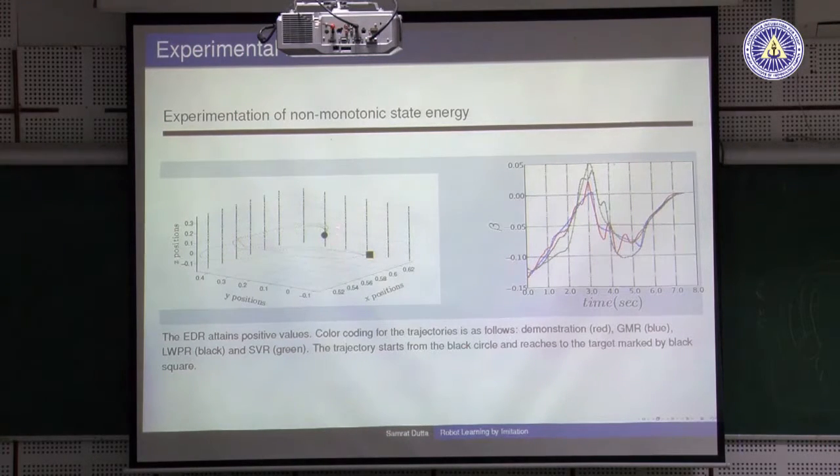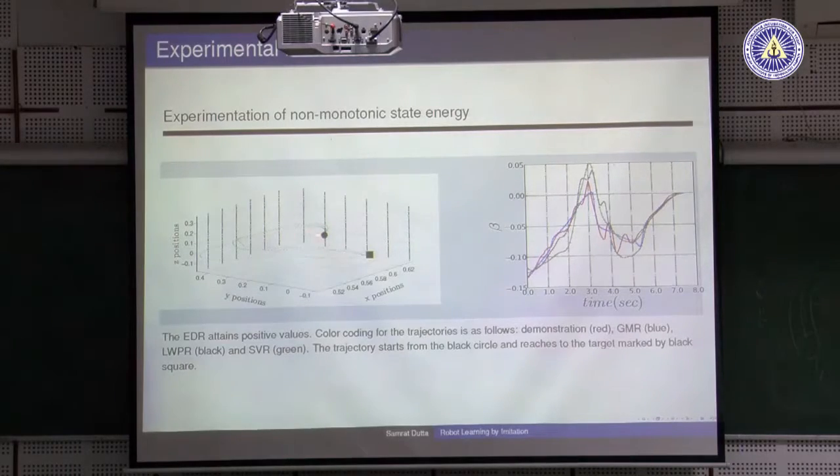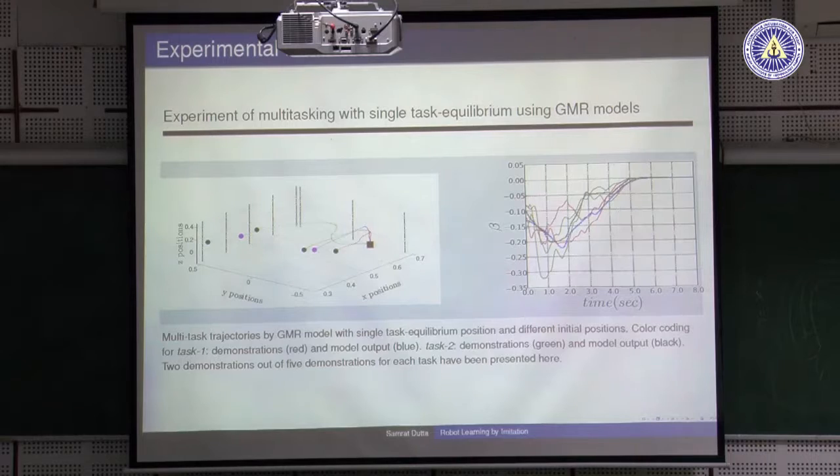So, these are basically the 3 models, where the red one is the demonstration, and here we have the GMR based model, LWPR based model, and SVR based model. Now, here it is the multitasking. So, one task profile is like this, another one is like this.